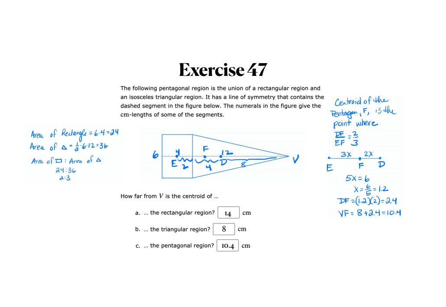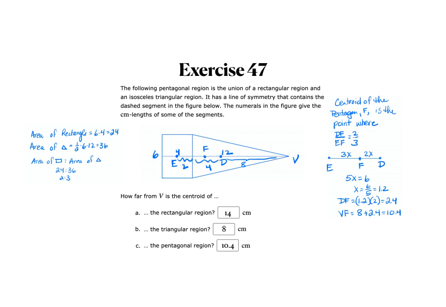Now, the next question is, how far is V from the centroid of my triangular region? Well, the centroid is going to be along this segment here that joins my vertex to the midpoint of the opposite side, and it's going to be 2 times the distance from V as it is from the midpoint.